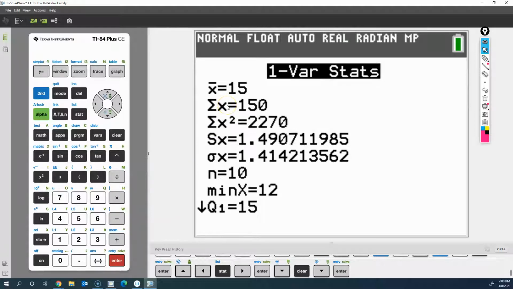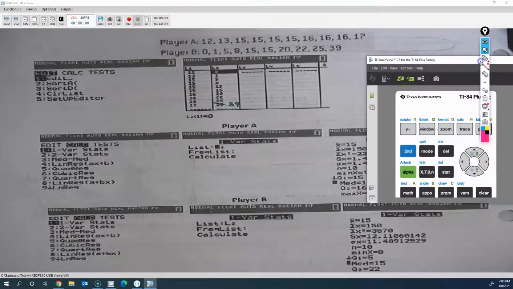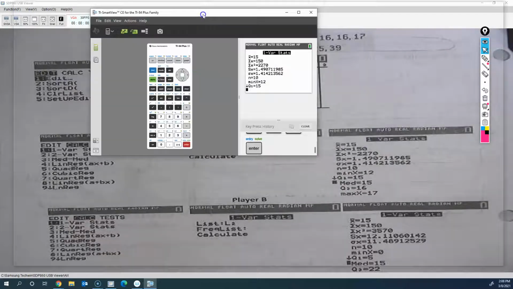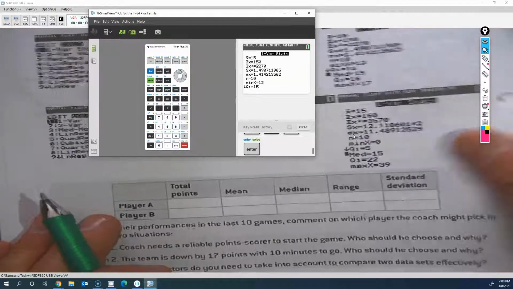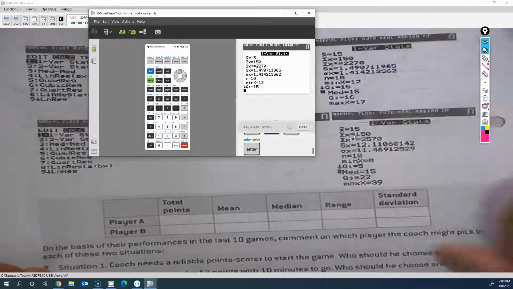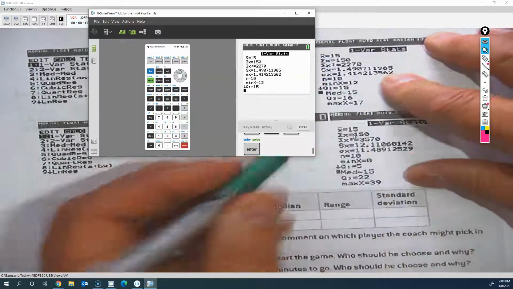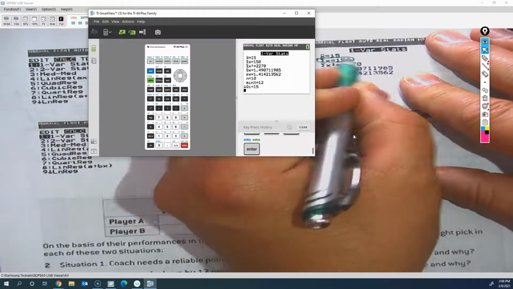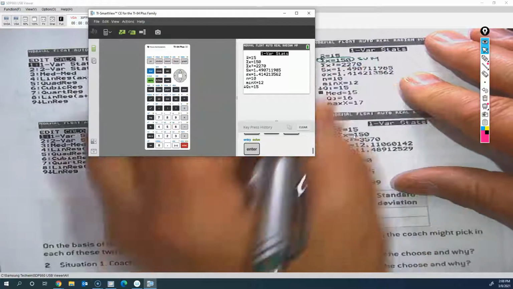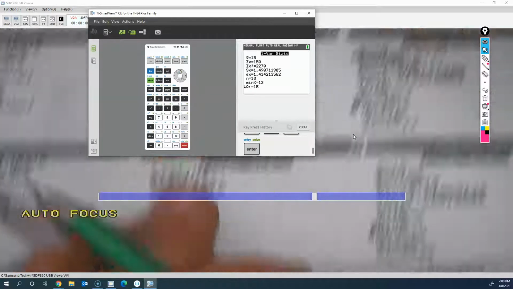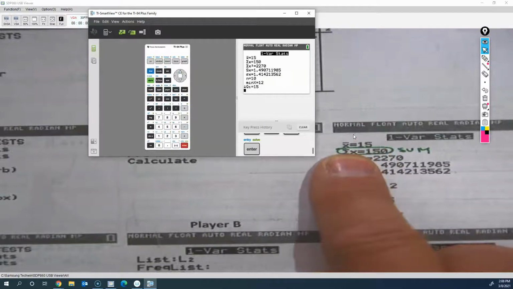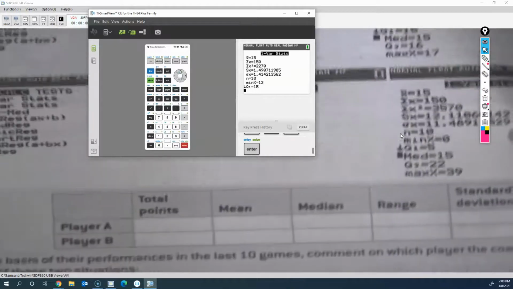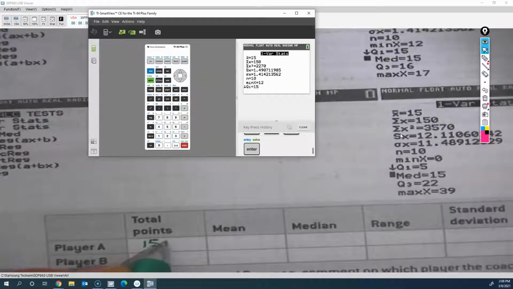So as we go through this list now, down here where it says total points, here's the sum of the points for player A. That's your sum. Remember that uppercase sigma means add up all the x's. So this player together scored 150 points.